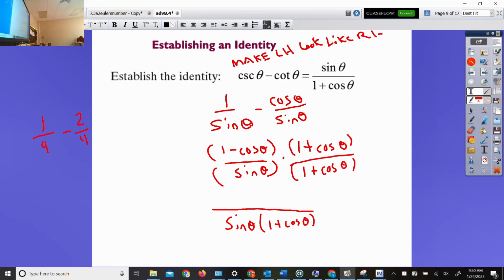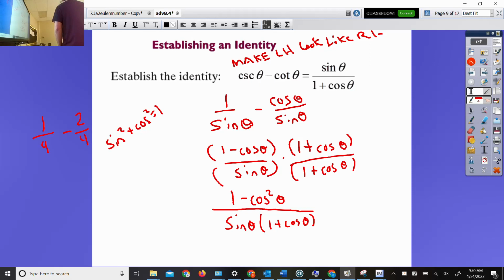So what do you get if you FOIL out 1 minus cosine theta times 1 plus cosine theta? 1 minus cosine squared. I'm glad you see that. You need to be thinking about sine squared plus cosine squared is 1. That's something that needs to be on your mind. If I'm ever going to be able to do these, I'm going to have a list of all this stuff.